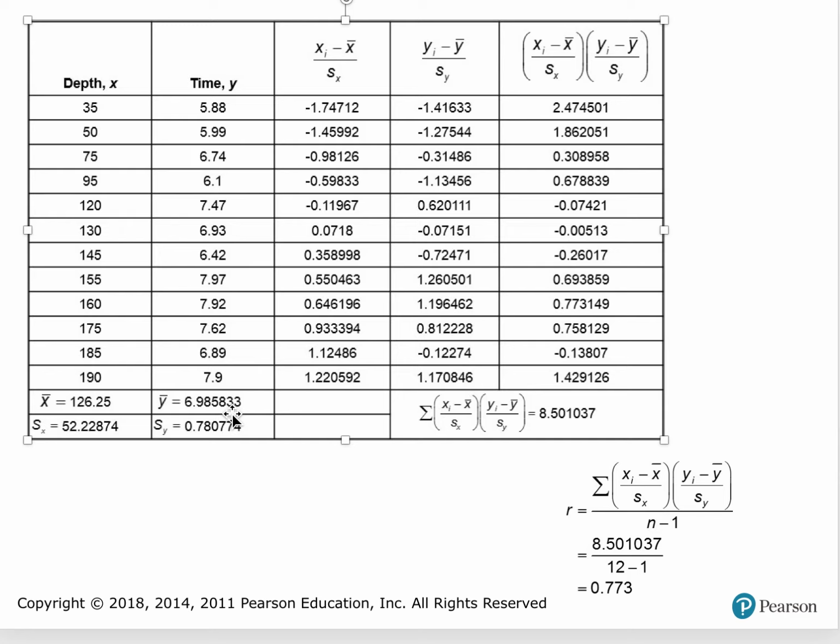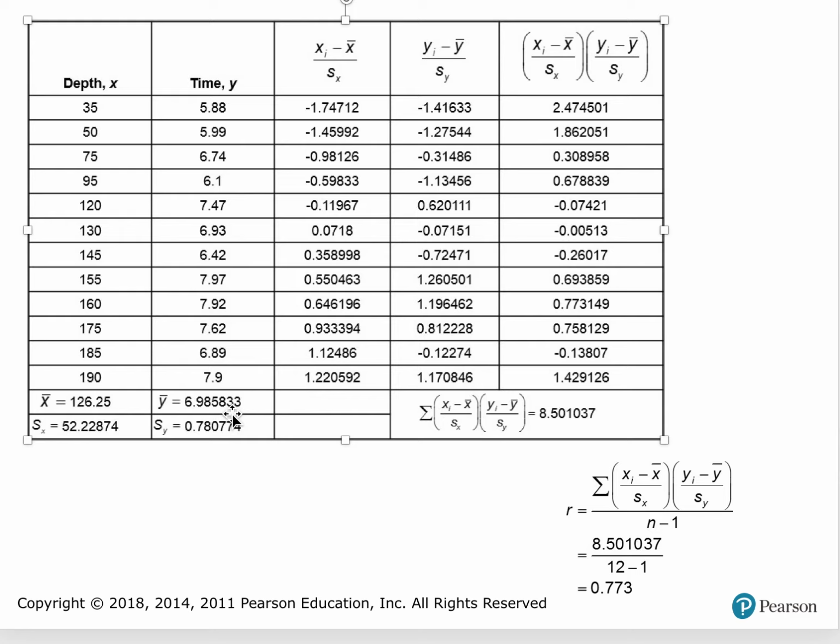Okay, now to actually find Pearson's r, the correlation coefficient, you're going to have to go into your catalog and turn on diagnostics. So you're going to hit second 0, the number 0 button. See, it says catalog right above it.